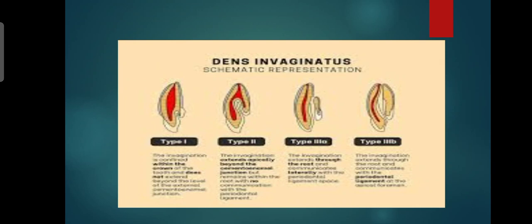In type 3A, the invagination extends through the root and communicates laterally with the periodontal ligament space. And in type 3B, the invagination extends through the root, communicates with the periodontal ligament space, and also involves the apical foramen. This really results in inflammatory periapical disease and a large root.